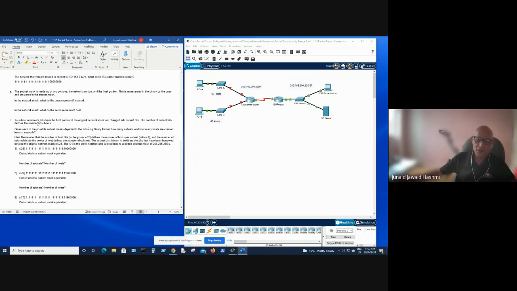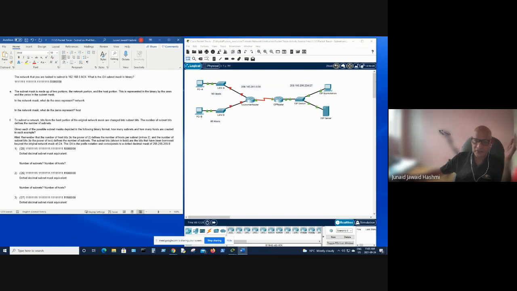To subnet a network, bits from the host portion of the original network mask are changed into subnet bits. The number of subnet bits defines the number of subnets. Whatever bits you borrow will become part of your network ID or the subnet ID.